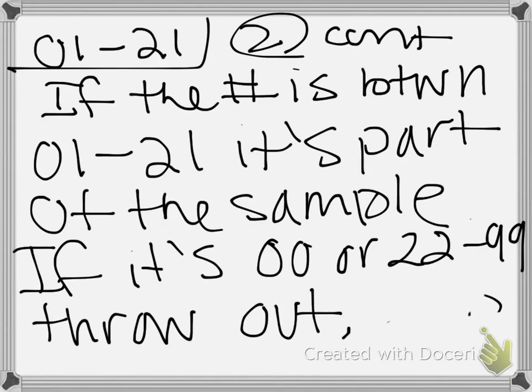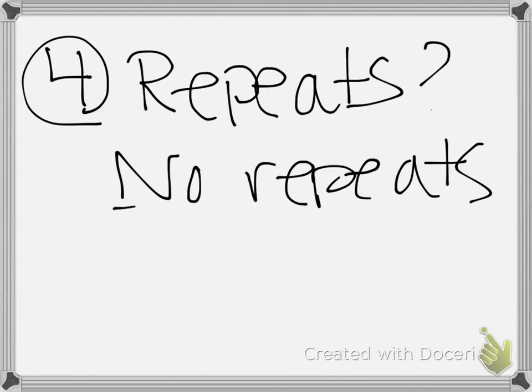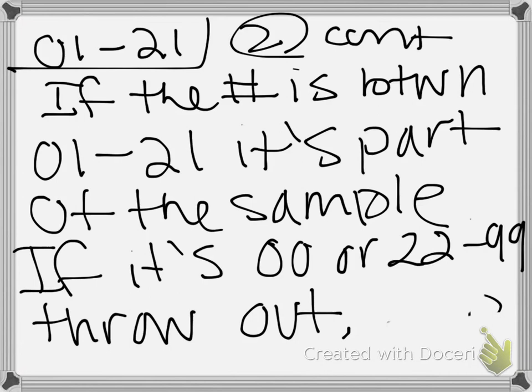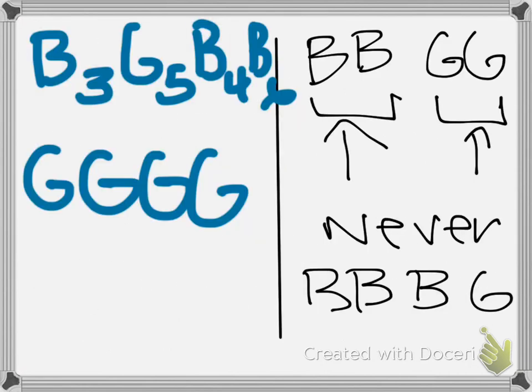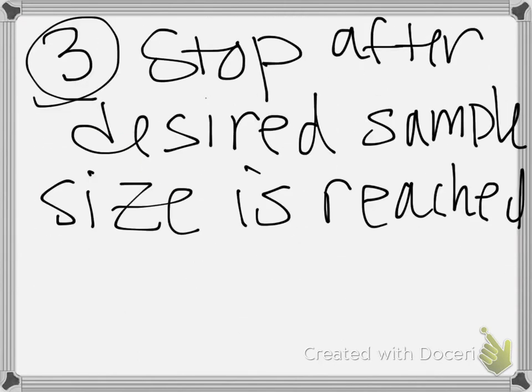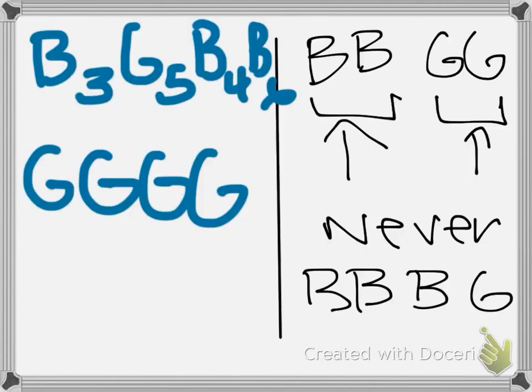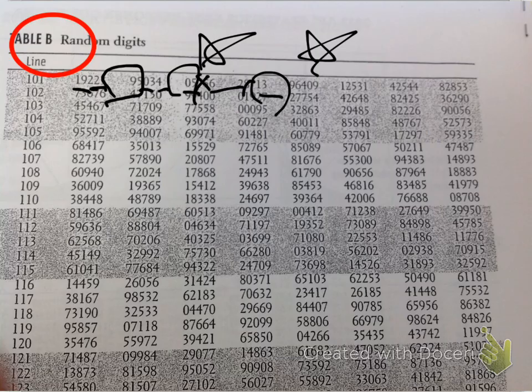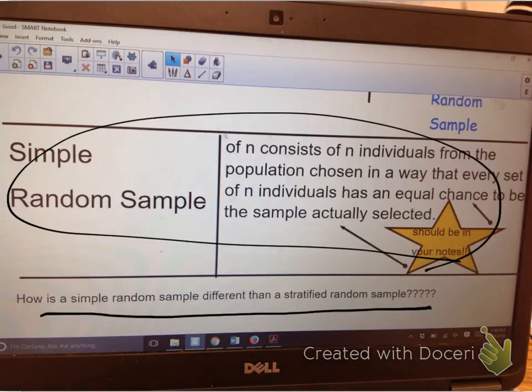All right, I hope I was clear on how to address a simple random sample and what a stratified random sample is and what the difference is. There are some advantages to using a stratified random sample. The biggest advantage would be back to our initial talk.